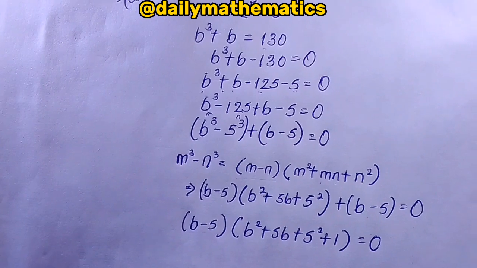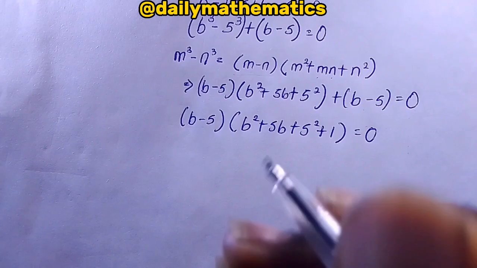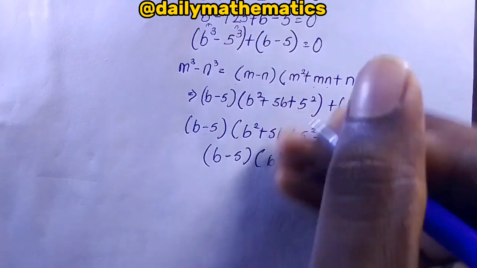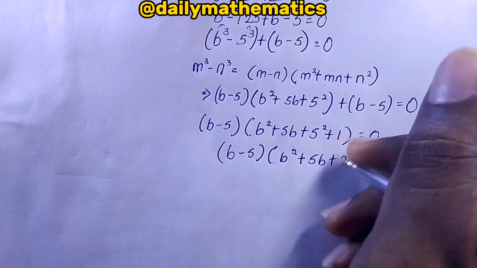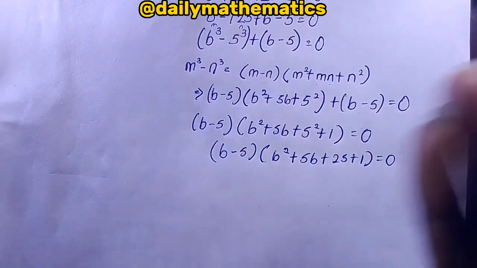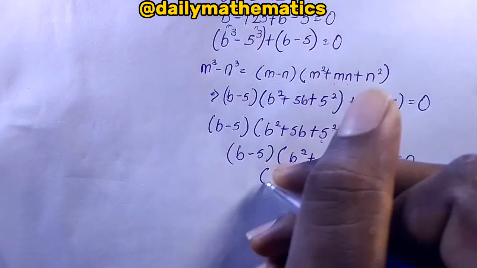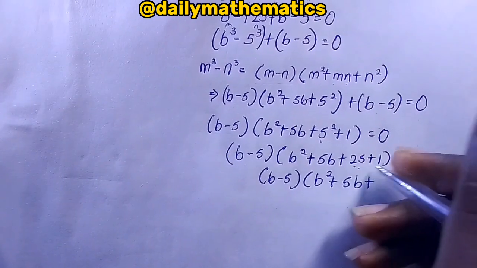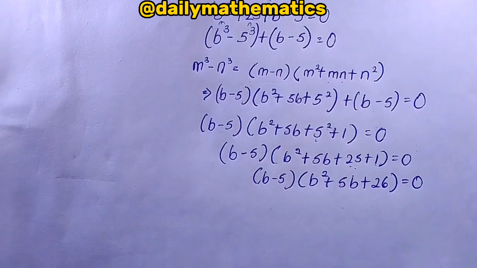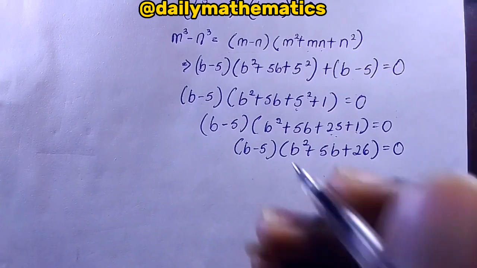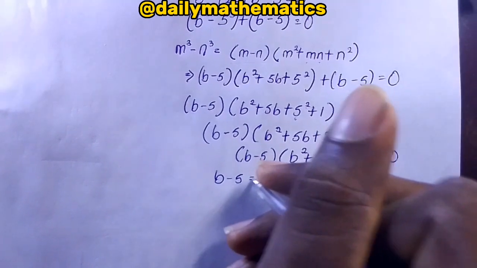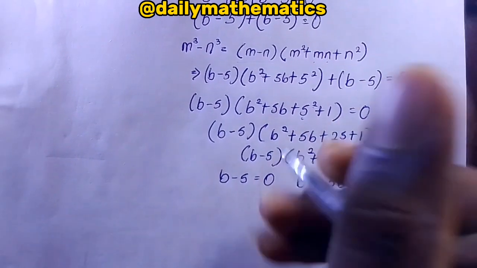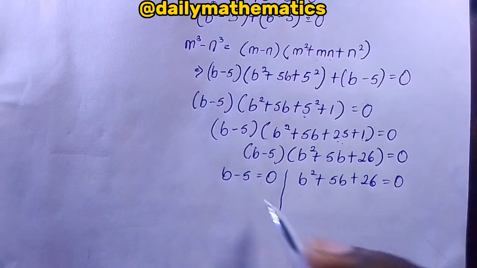Since 5 squared is 25, we have b minus 5 times b squared plus 5b plus 26 equals 0. Now we can equate each factor to 0 and separate the equation, so we have two equations.